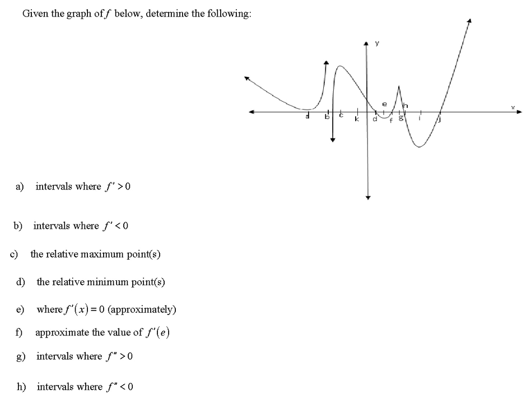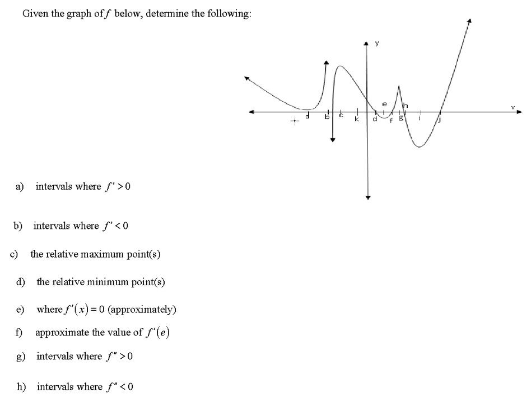Given the graph of f below, determine the following. Intervals where f prime is greater than 0. Well, if f prime is greater than 0, then that means that f is increasing. So we need to look where f is increasing.